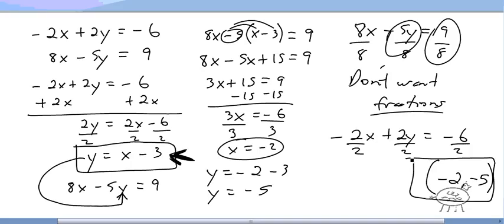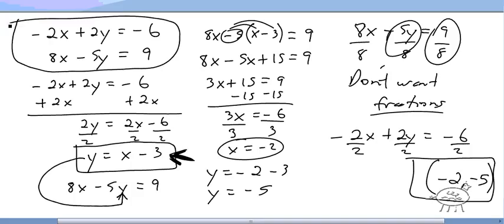You will have time at the end of a quiz, end of a test, to check your work. It's so easy to check your work. There's no reason to get a wrong answer. You literally take that negative 2, negative 5, and you plug it into both equations. So if I go back to these original equations, I want to take the negative 2, negative 5, and I want to plug it in.